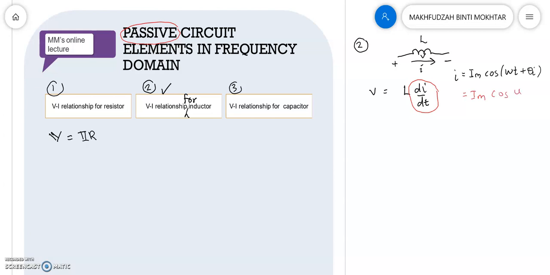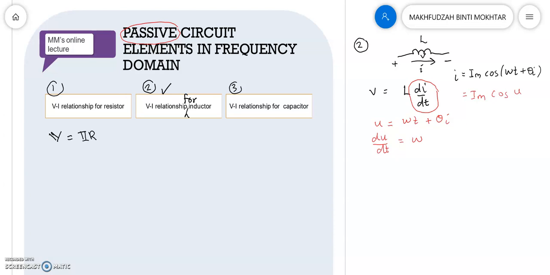So in this case, I assume that u equals omega t plus theta I. Now, when we have this equation, I will differentiate u with respect to t, where I will have only omega.